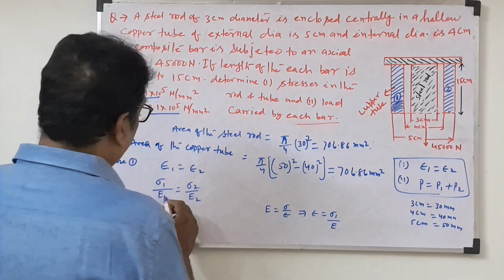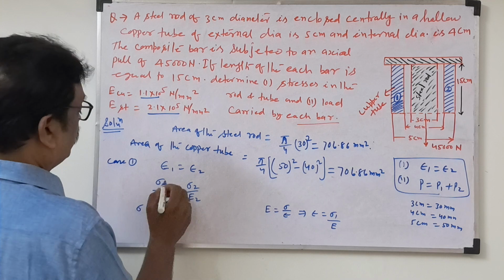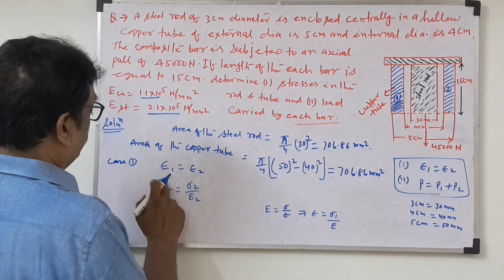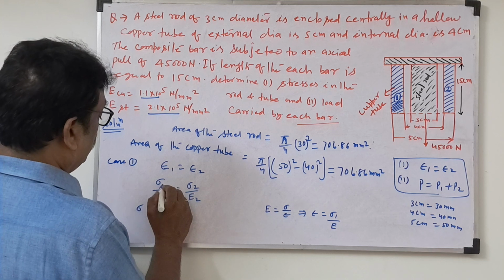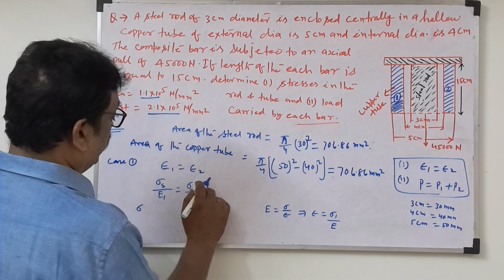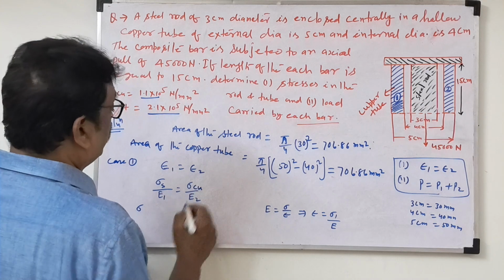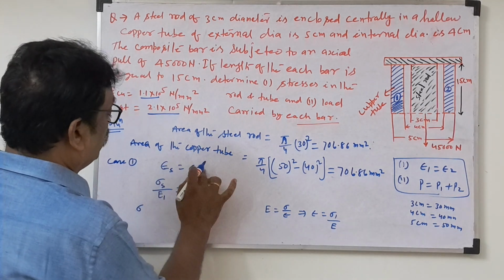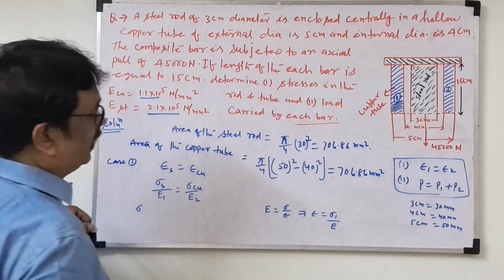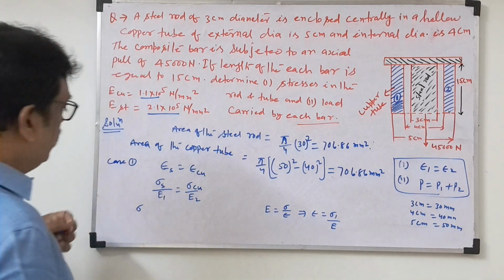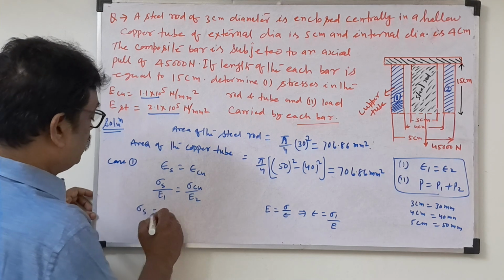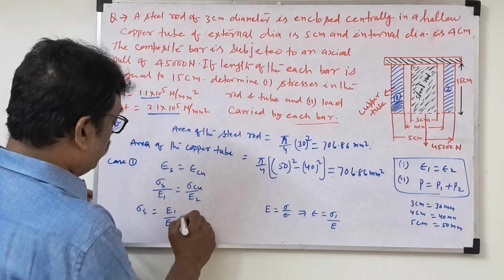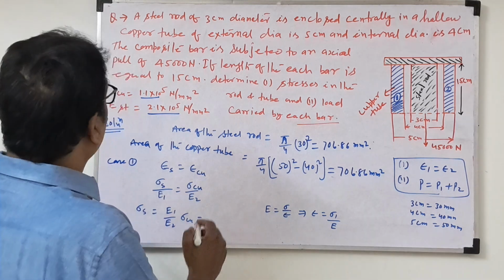In place of sigma 1 we write sigma steel, and sigma copper, that will be better. So the strain of the steel equals the strain of the copper. Now sigma steel is equal to E1 by E2 times sigma copper. So E1, how much?